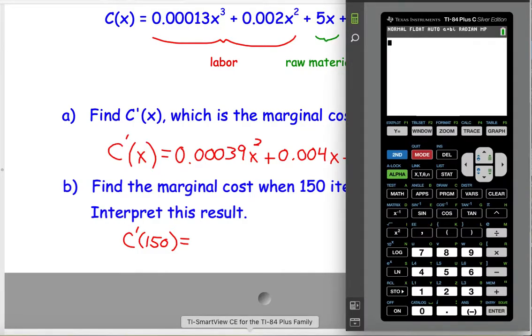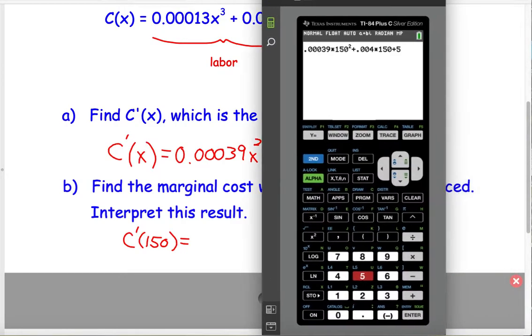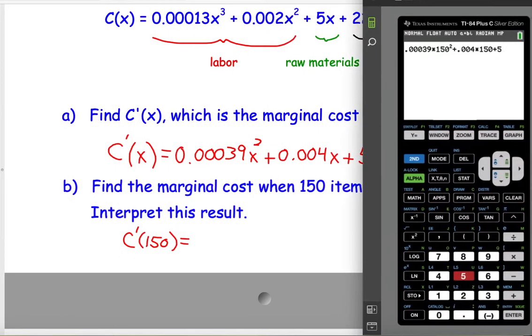We'll punch that in: 0.00039 times 150 squared plus 0.004 times 150 plus 5. So we get 14.375. If we round that, $14.38.